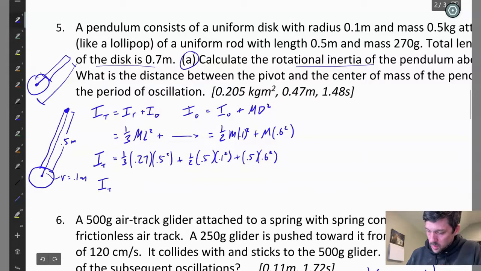So the total moment of inertia is all that.